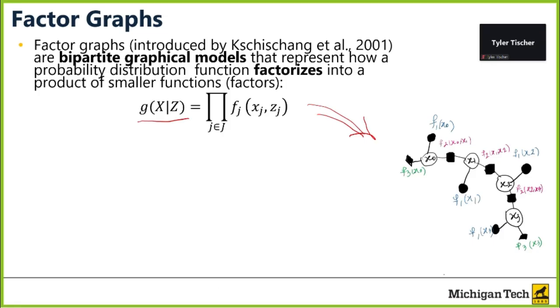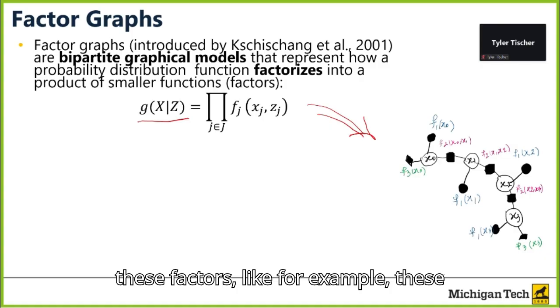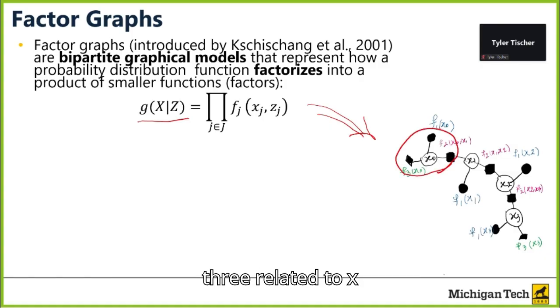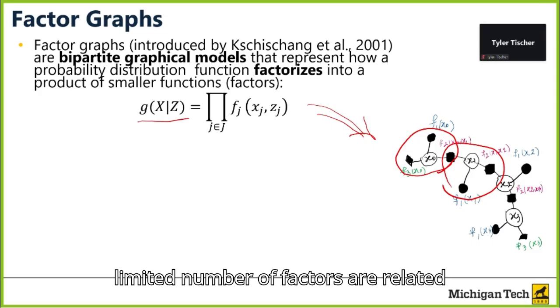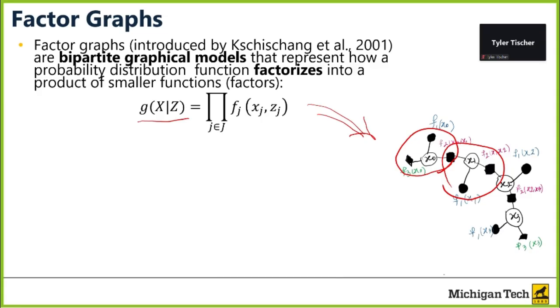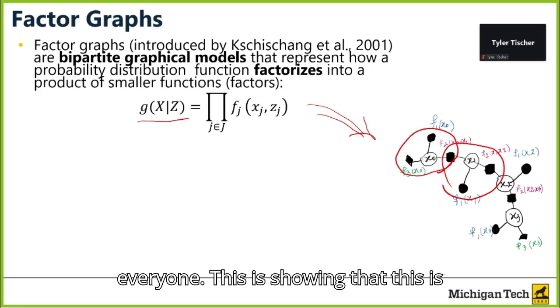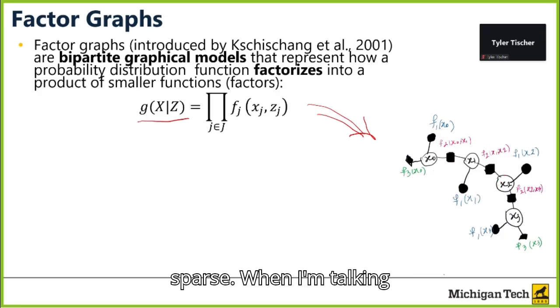As you can see, these three factors are related to x0, and these three are related to x1, and so forth. So as you can see, just a limited number of factors are related to each state. This is very important in robotics. This shows that this is sparse.